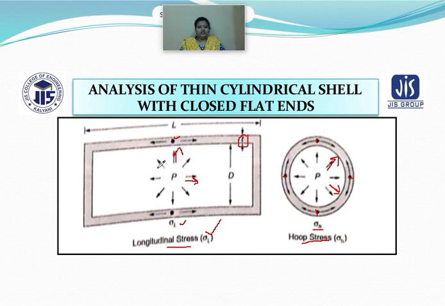Now if this pressure is exceeding the permissible limit of that particular container, then the product will break, or it will fail through the mid of the section. So it will be split into two.